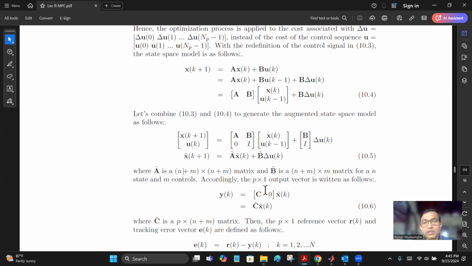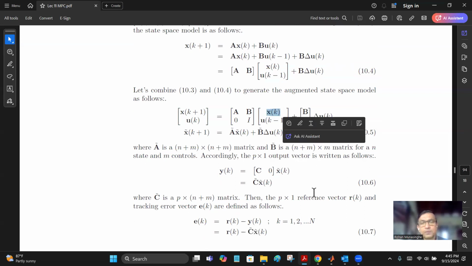So therefore it is C0 x tilde_k, which means we are taking the first part of x tilde_k as our output. The first part is of course this one. The second part is this one. We are not taking that as an output. Okay. So this 10.5 is only for this optimization process. It's just for mathematical play. When it comes to the real plant output, it is still the same x_k. This one. Okay. Right.